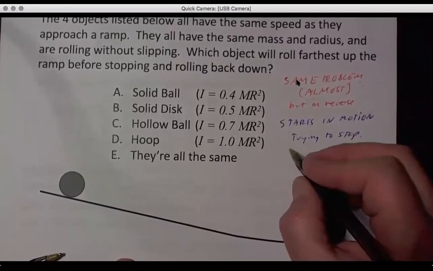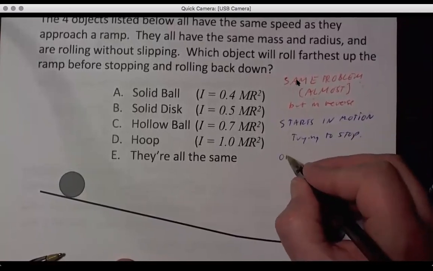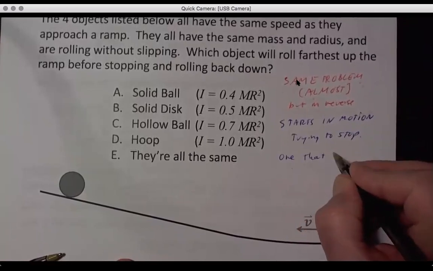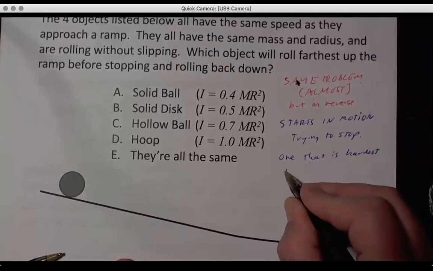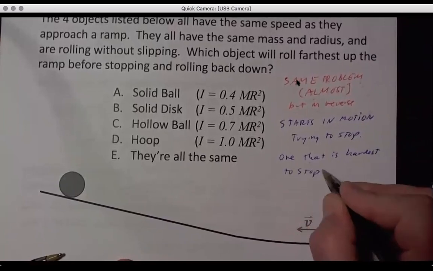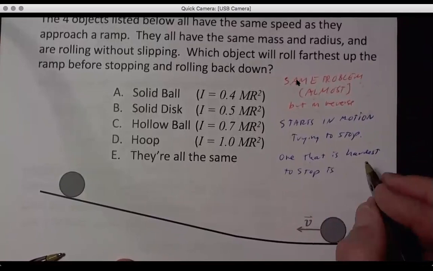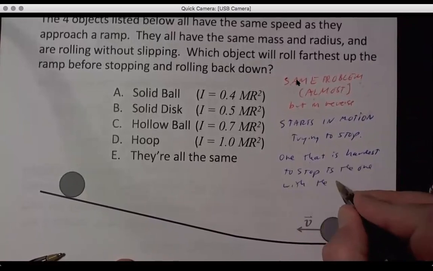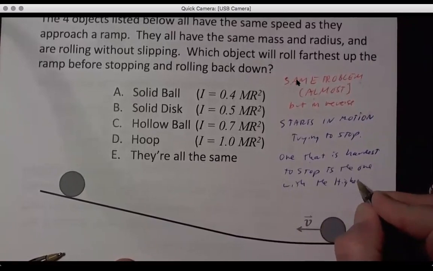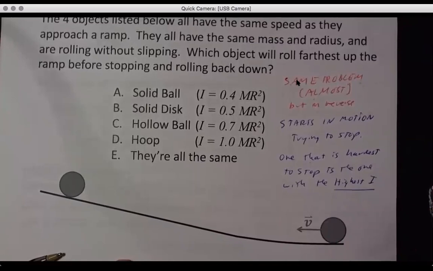So the one that's hardest to stop is the one with most inertia. And so we're looking in the other direction, right?